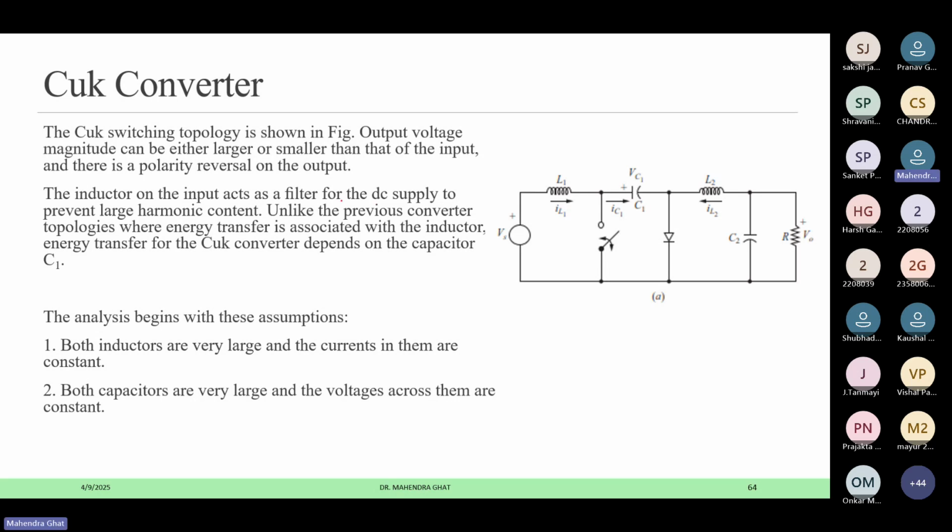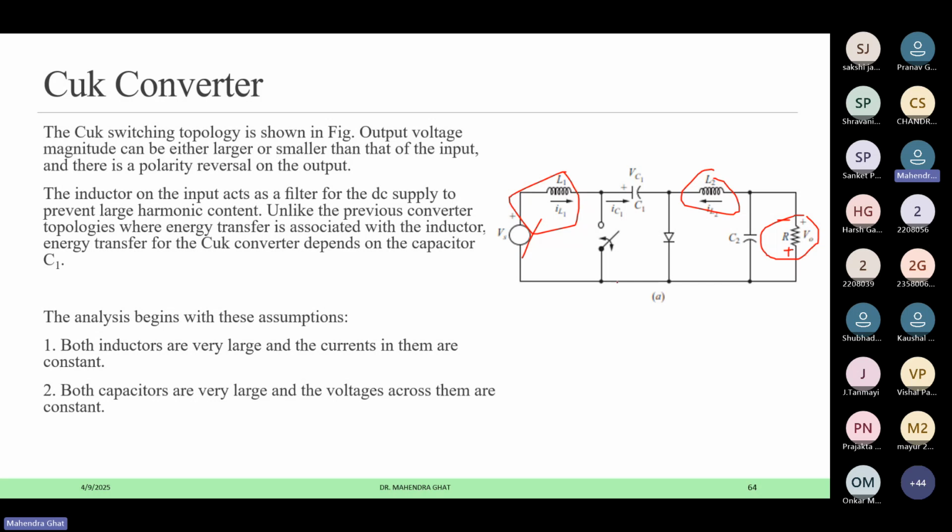There are 2-3 things I have considered in this converter. This is the structure. You can see the inductor is present on the input side and the inductor is present at the output side. Also, for the buck boost you have seen that the polarity of the output is reversed. In this converter, you will get the same polarity as that of the input voltage, and the inductors are present at the input as well as the output.